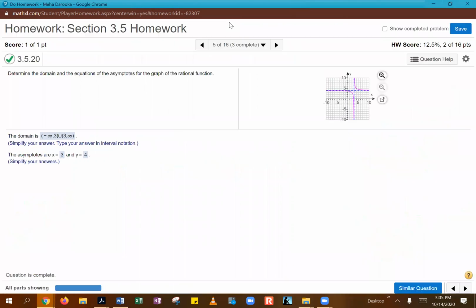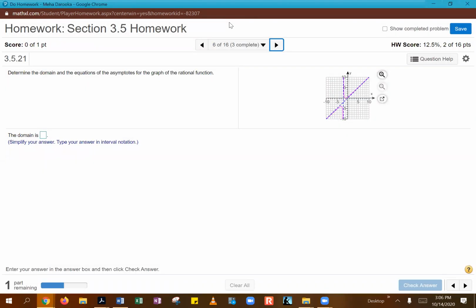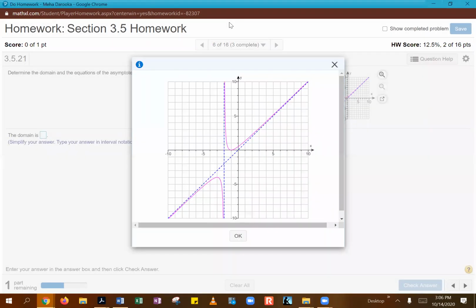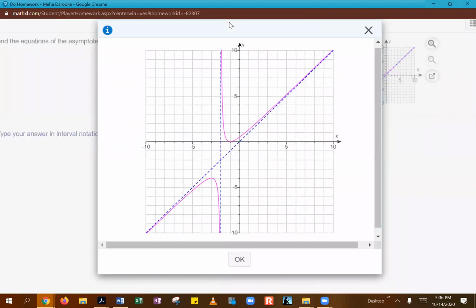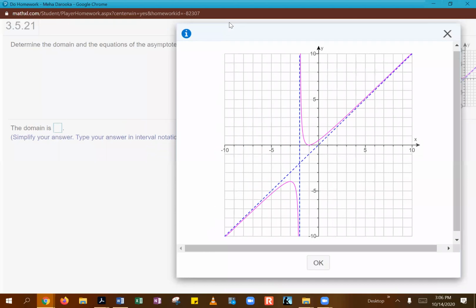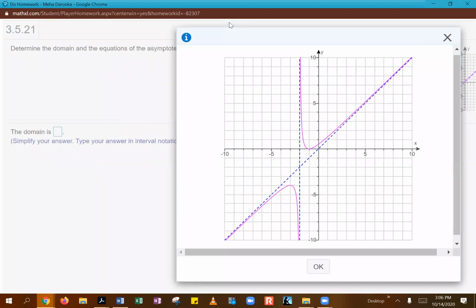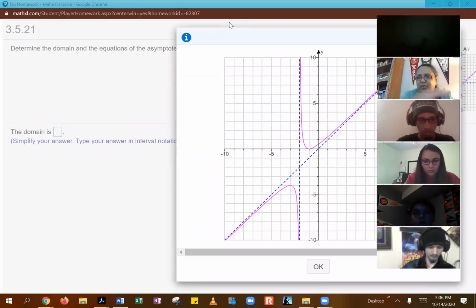Now, of course, reading your asymptotes from the graph is not going to be as difficult, but reading it from an equation is definitely the part that we want to concentrate on. So let's take a look at this guy over here. And this is what I meant by an oblique asymptote. So you can see we no longer have a horizontal dotted line. We have that slanted line.